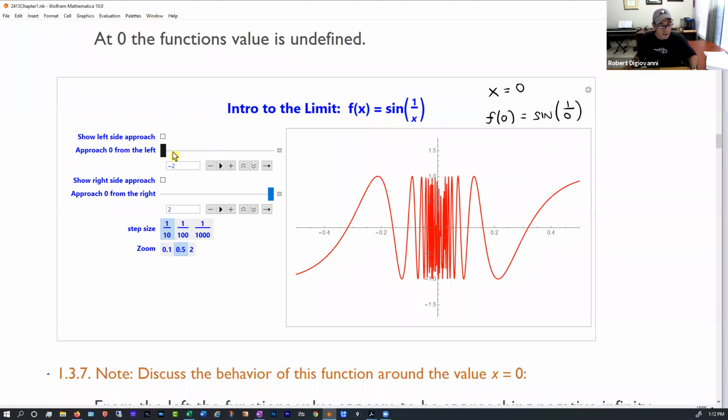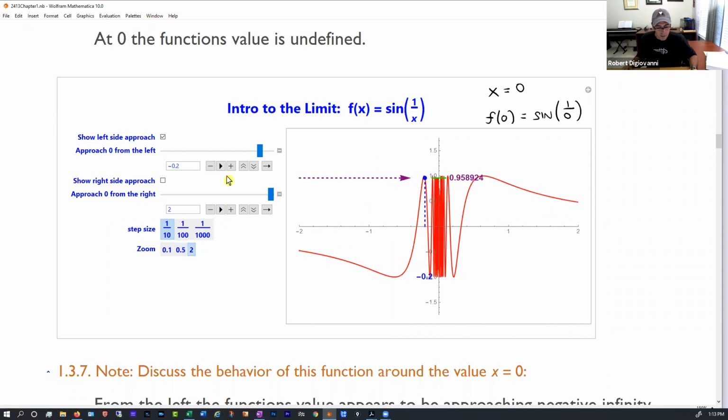Okay, so let's see. What's happening if we approach from the left? We approach 0 from the left. Where is it? There it is. I need to zoom out a little bit. There we go. So as I approach, look what's happening. Just keep an eye on the y value here, okay? Here we go.